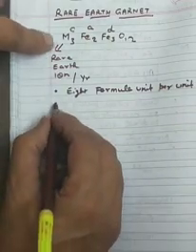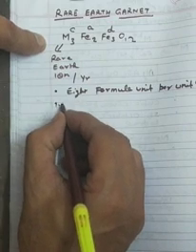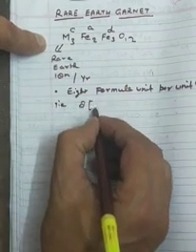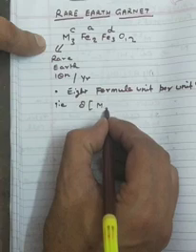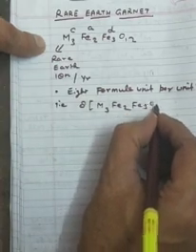So there will be, if you see, 8 and 3 Fe2, Fe3, 4, 12.